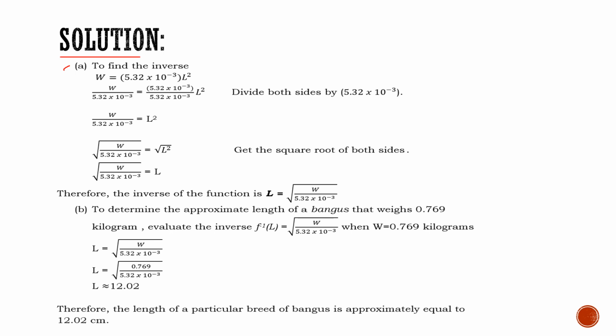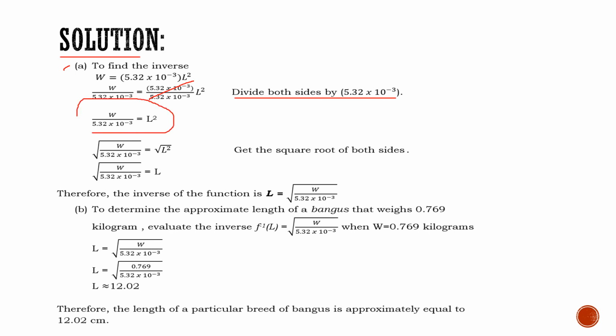First thing to do is to divide both sides by 5.32 times 10 raised to negative 3 for us to cancel out and to make sure that the numerical coefficient of L square is equal to 1. We don't need to put 1 as the numerical coefficient because it doesn't affect the value of L square. Now, your L square is equal to W over 5.32 times 10 raised to negative 3.